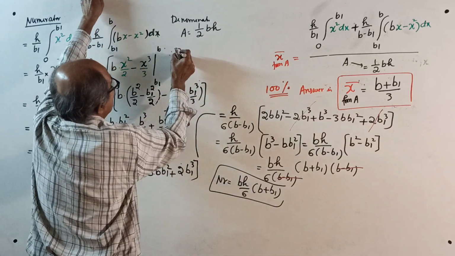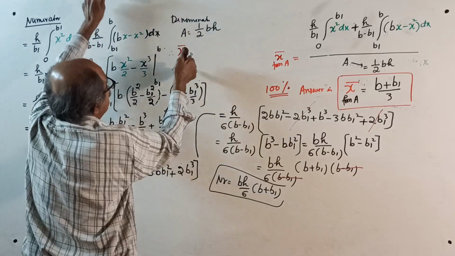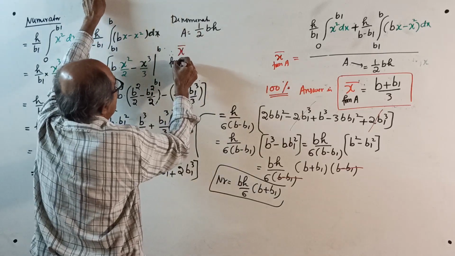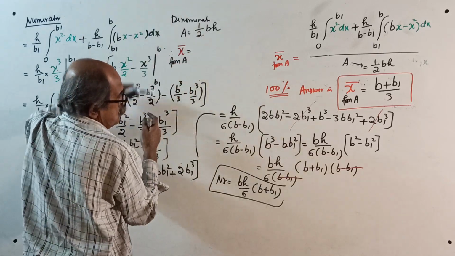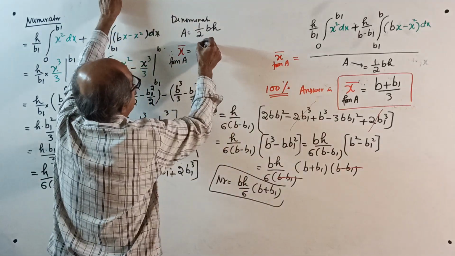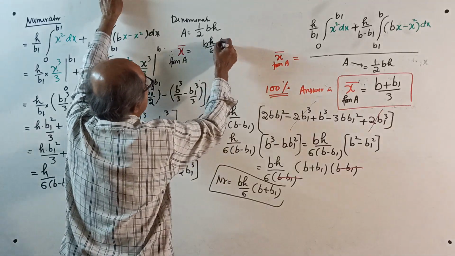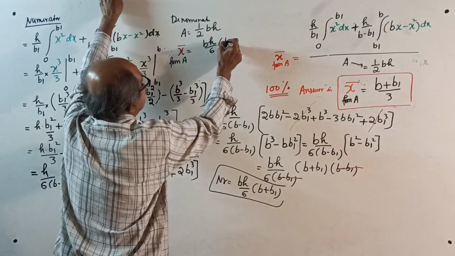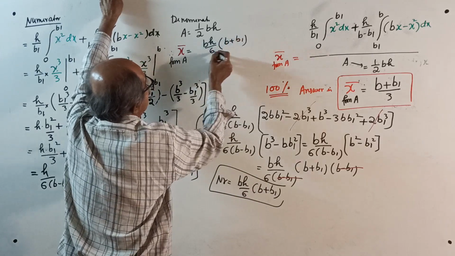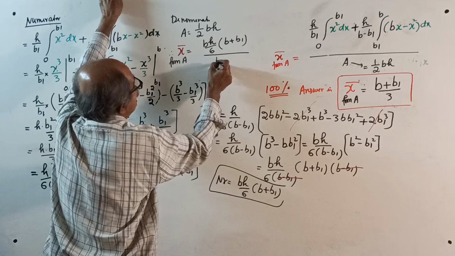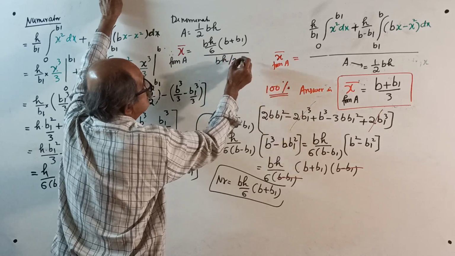Therefore, x bar from A equals the numerator BH by 6 into (B plus B1) divided by area, which is BH by 2.